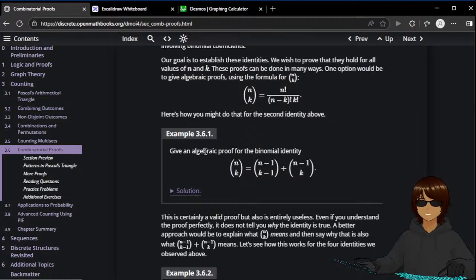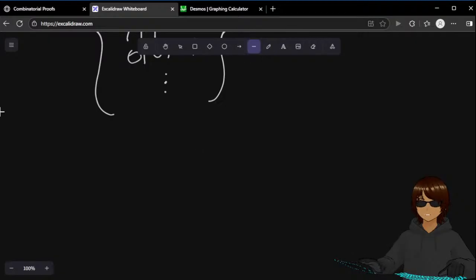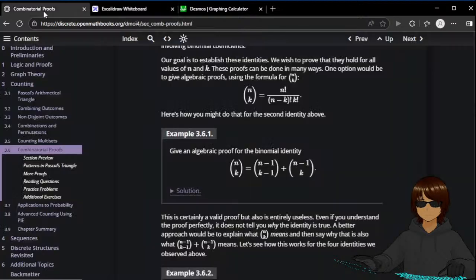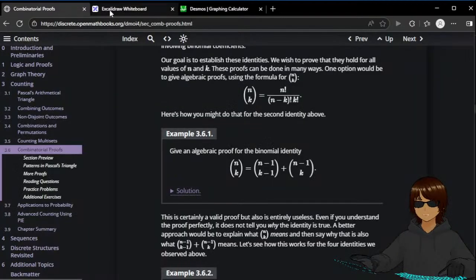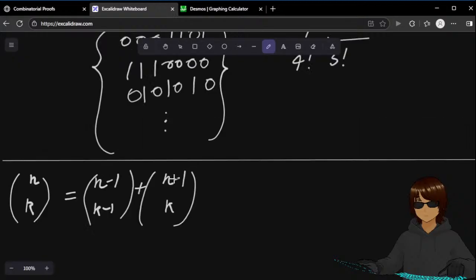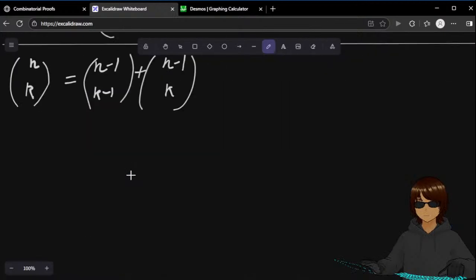An algebraic proof. Okay, I think we can use induction. Given the algebraic proof, n choose k is equal to the previous two, so n minus 1 choose k minus 1 plus n minus 1 choose k. So 10 is 4 plus 6.